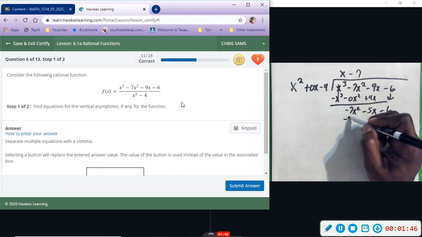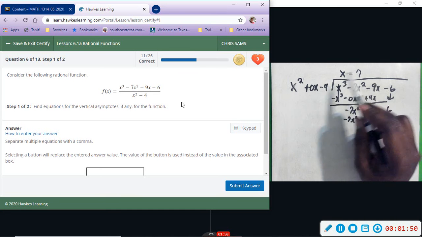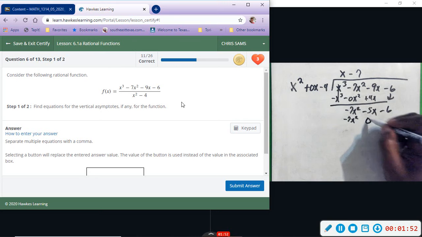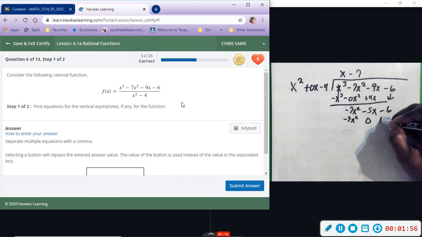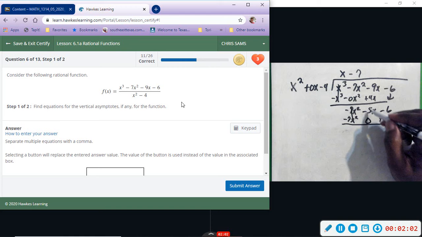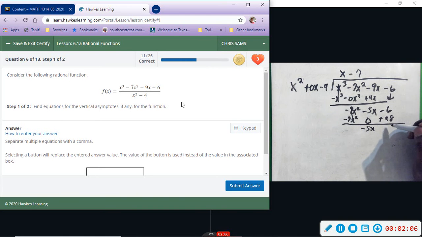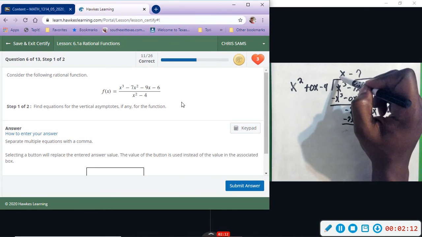Negative 7 times this guy will give me a 0 in the middle. Negative 7 times negative 4 will give me a positive 28. And then that goes away. Bring down negative 5x. And that will give us positive 22.